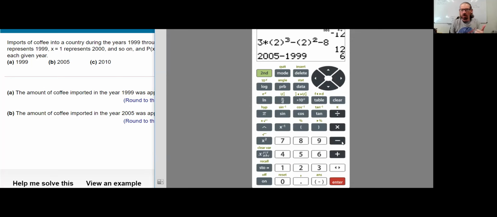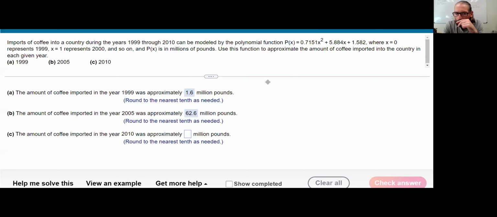I could just count that off, but subtraction should be easier. 1999 is year 0, 2000 is year 1, 2001 is year 2, 2002 is year 3, 2003 is year 4, 2004 is year 5. Okay, so I am correct saying that the year 2005 is corresponding to x equals 6.